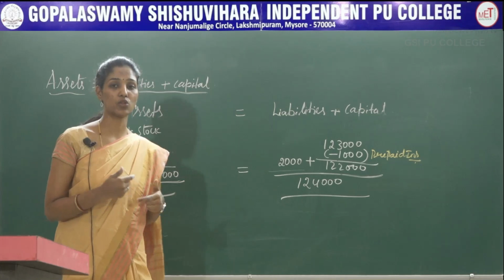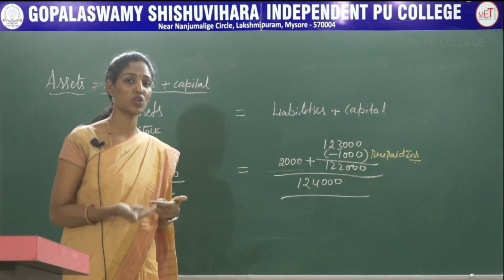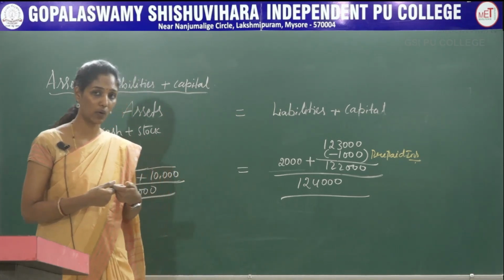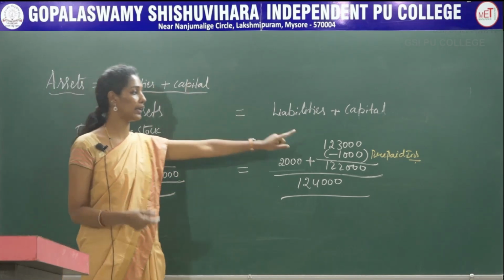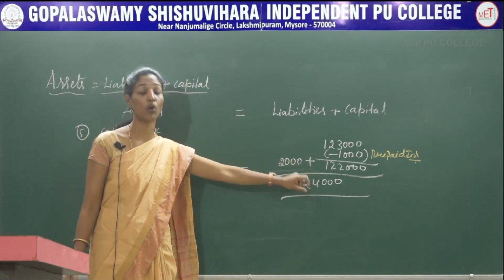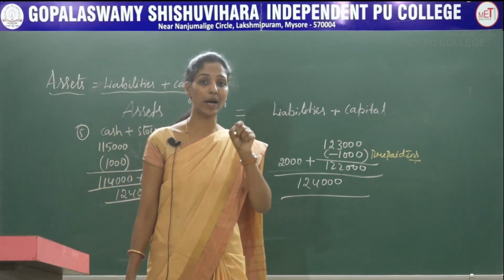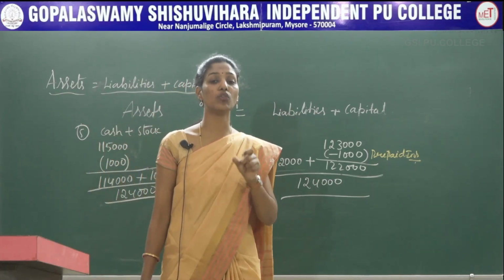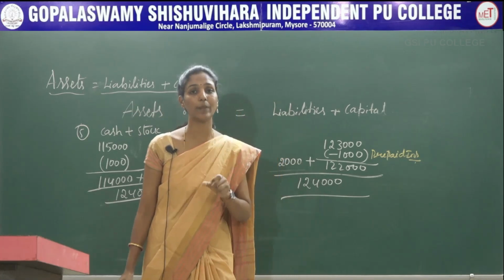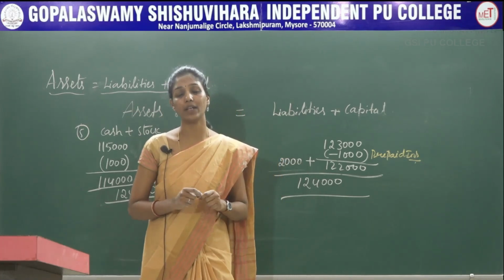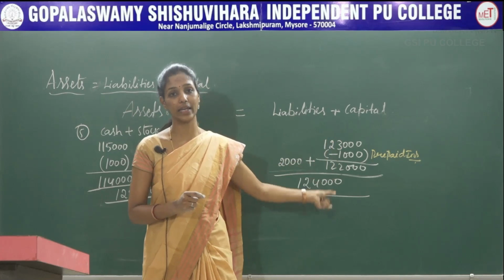Prepaid insurance, insurance ಅನ್ನ ಪೇ ಮಾಡಿದಿರಾ, ಕ್ಯಾಶ್ ಇಂದ ಡಿಡಕ್ಟ್ ಮಾಡ್ತೀರಾ 1,000 ಅನ್ನ, ಹಾಗೇನೆ ಕ್ಯಾಪಿಟಲ್ ಅಲ್ಲಿ 1,000 ಅನ್ನ ಮೈನಸ್ ಮಾಡಬೇಕು. Keep it in your mind, when expenses are loss incurred by the business, then the amount of expenses or loss must be deducted from the capital balance in accounting equation.